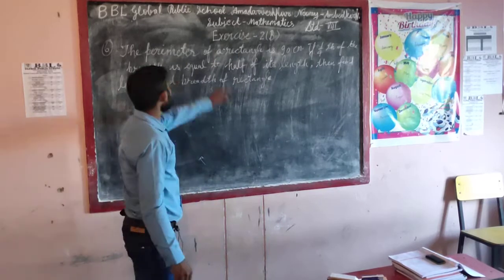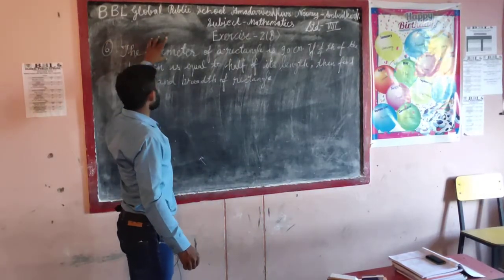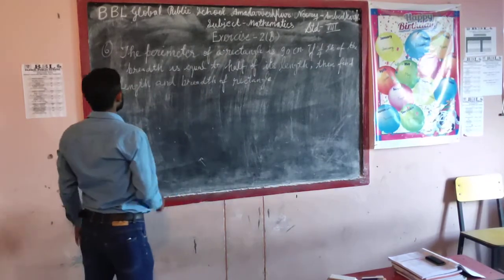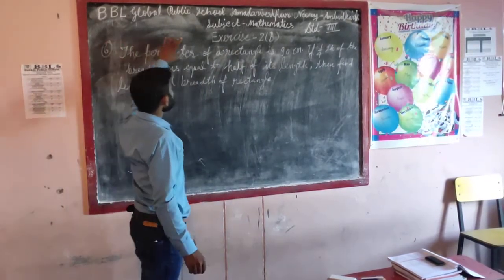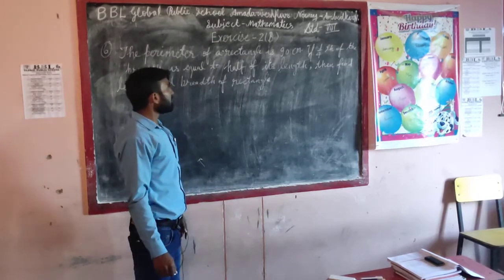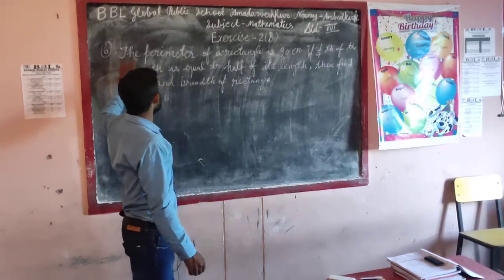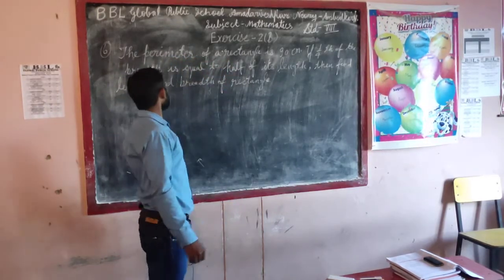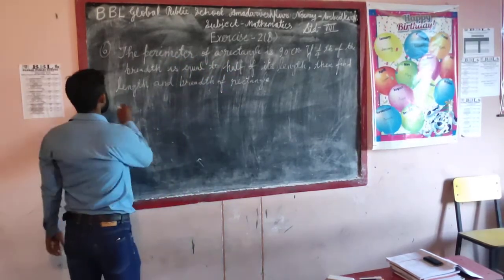I repeat the question. The perimeter of a rectangle is 90 centimeter. If 1/4 of the breadth is equal to half of its length, then find the length and breadth of the rectangle. Solution.